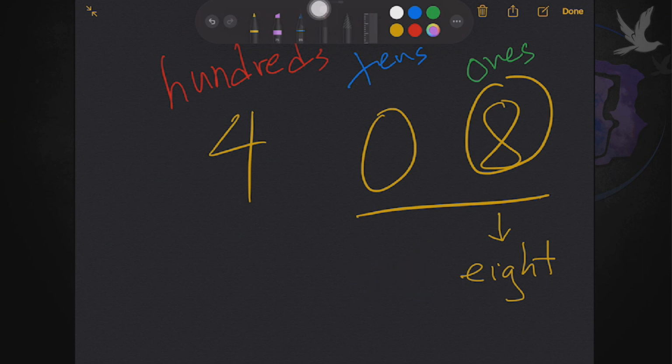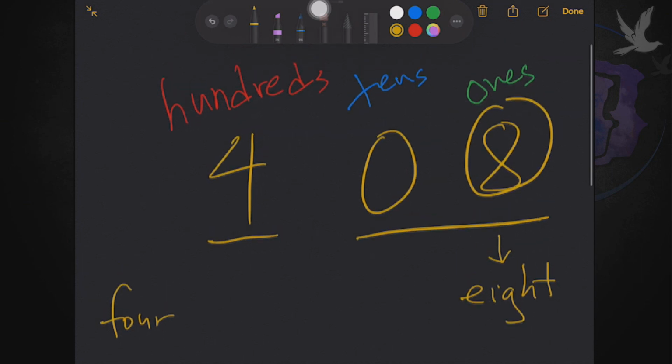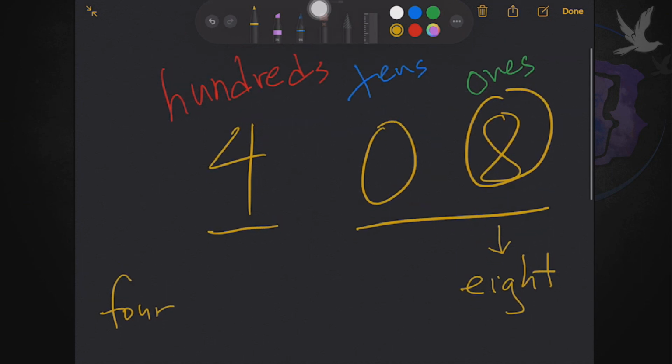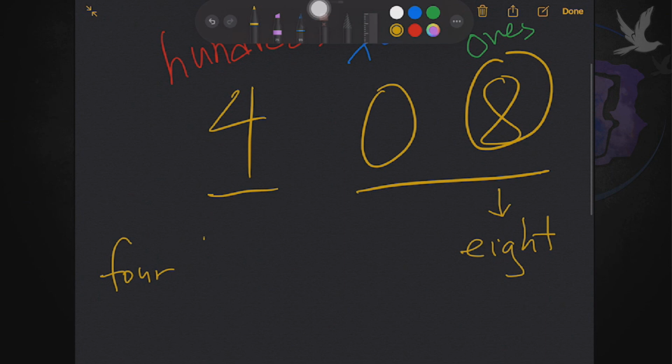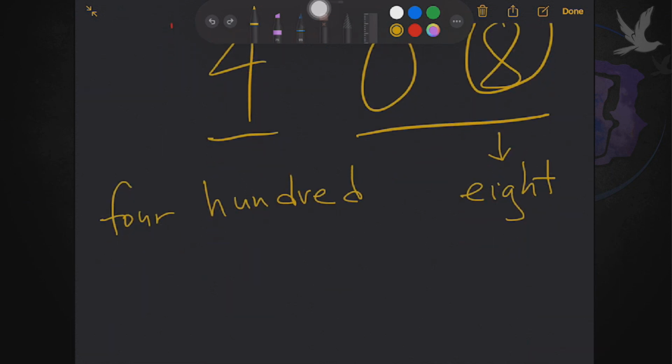Okay, no zero. And what's left is this digit over here, which is 4. And since it belongs to the hundreds place, all you have to do is just add hundred to it. And reading this number entirely, it's 408. Then again, for formality's sake, it should be written as four hundred eight.